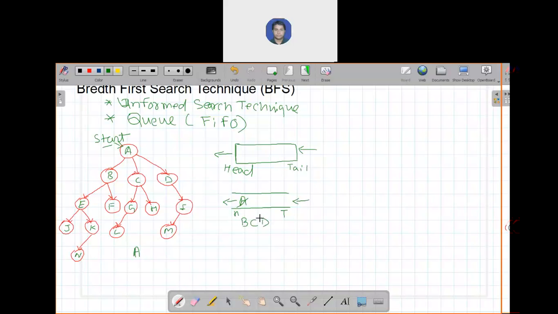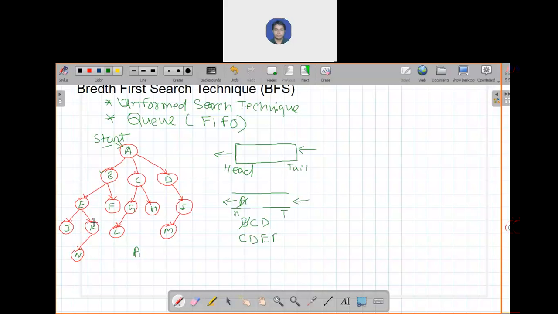Is it clear? Then in the queue we remove the element from the top or from the head. If we remove B, what are the states we can explore from B? From B we can explore states E and F. So enter these elements E and F from the back of the queue.